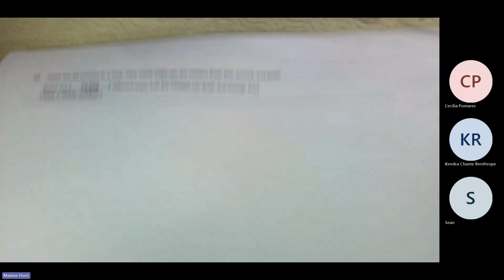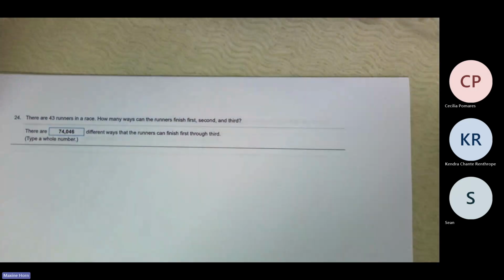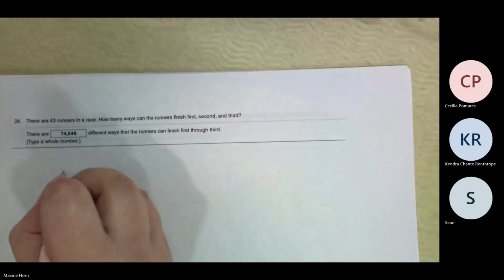All right, number 24, there are 43 runners in a race. How many ways can the runners finish first, second, and third? All right, so let's talk about the different ways that we can do this. So we have first, second, and third. Right, first place, second place, third place. There's 43 runners, so there's 43 potentials for first place. But once that person is first place, they can't also be second place.